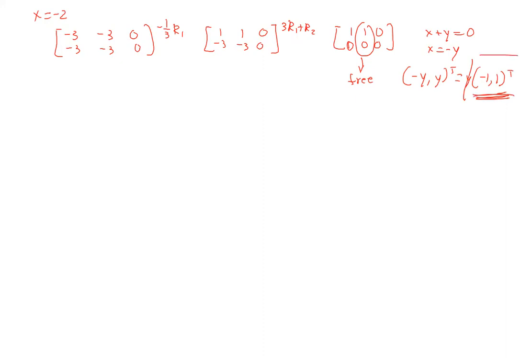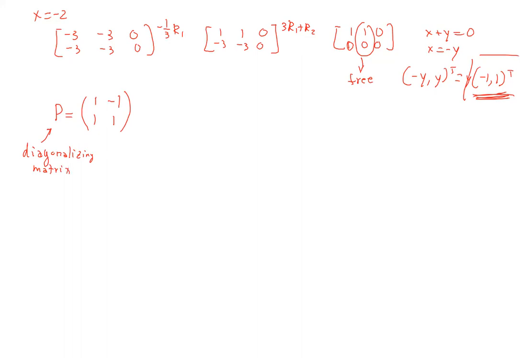Okay, so this is the second eigenvector. So what do we do now? We take the transition matrix that has the eigenvectors. The first eigenvector that I had was (1, 1), and the second one is (-1, 1). So this is the diagonalizing matrix. And to finish the whole thing, we need to find also its inverse.